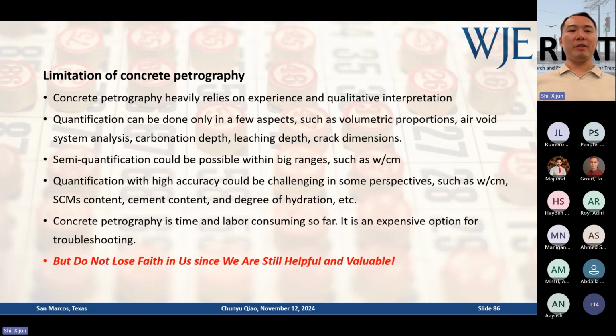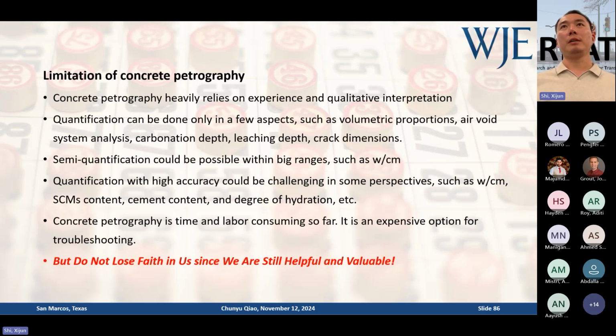Also, petrography is a little bit time and labor consuming so far, and it's kind of an expensive option for troubleshooting a lot of cases, but I think it is necessary for some case studies. If you really want to troubleshoot what has happened to your material, you want a satisfying, comfortable or confident solution for your repair or maintenance in the future.